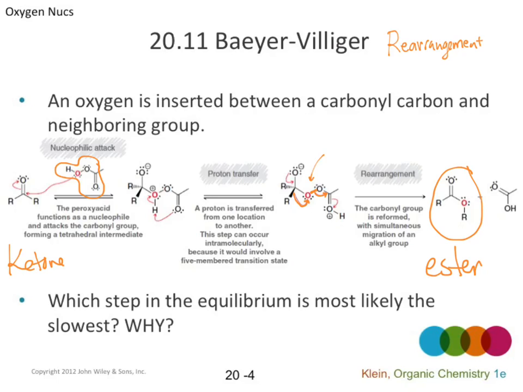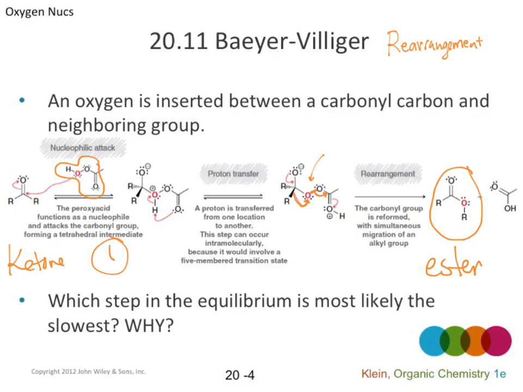Which step in the equilibrium is the most likely the slowest? That's an interesting question. What do you think? The proton transfer, I would argue, is going to be really, really fast.